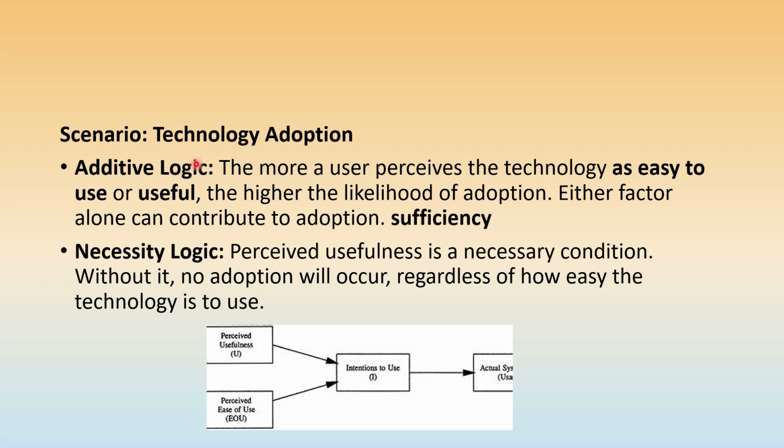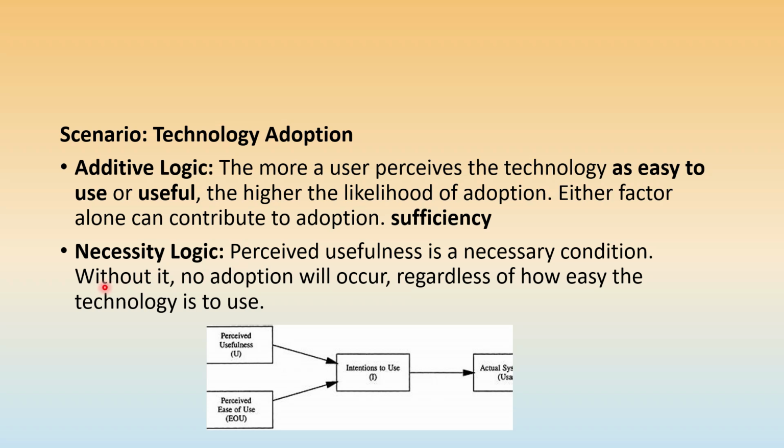So here is a scenario: technology adoption. According to additive logic, we say the more a user perceives the technology as easy to use or useful, and these are two IVs, the higher the likelihood of adoption. Either factor alone can contribute to adoption. This is called sufficiency logic. In necessity logic, we can say that perceived usefulness is a necessary condition. For example, after analysis, we find that perceived usefulness is a necessary condition.